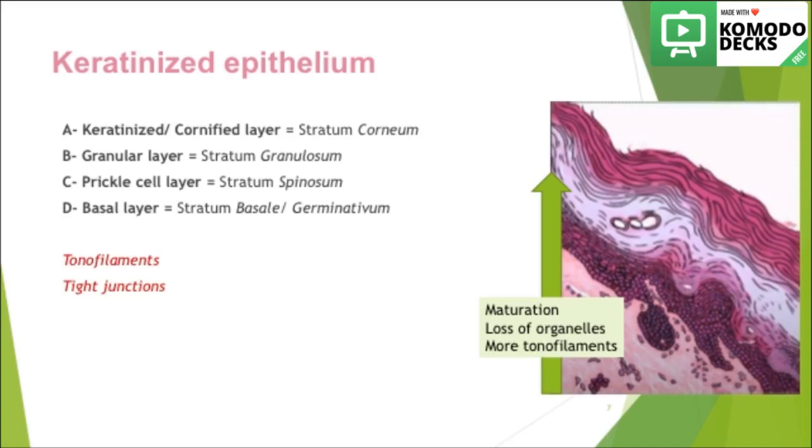Moving down from the most basal layer, or what is called the germinativum layer, upward to the keratinized layer, we see maturation of cells, loss of organelles, and more tonofilaments of the cytokeratin.